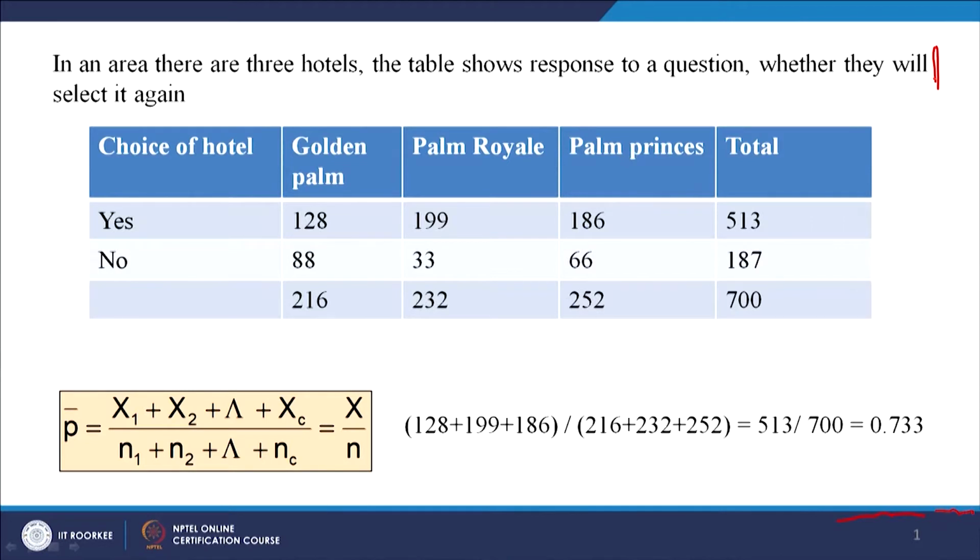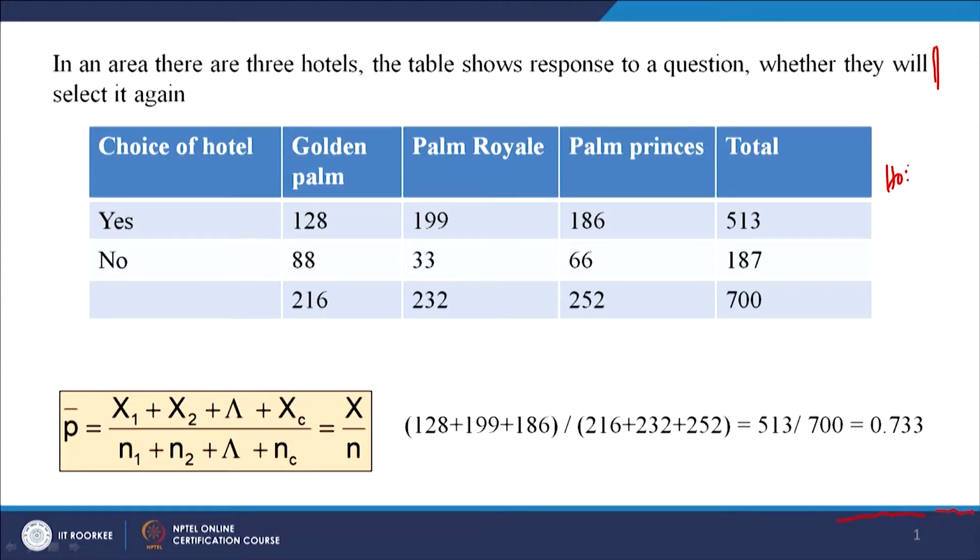In the previous class, we did discuss hypothesis testing of proportions of three groups, and we solved this particular question using the chi-square goodness of fit test. So, we will see it once again. I will quickly go through this question.